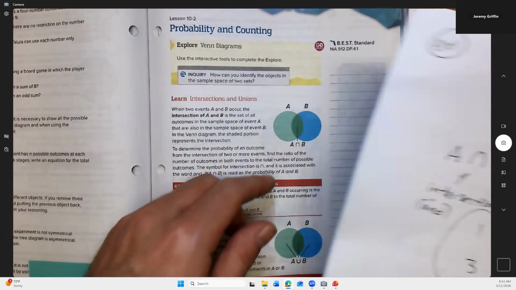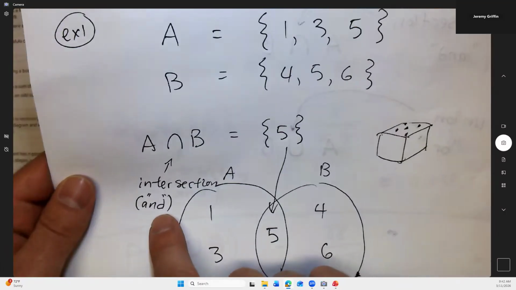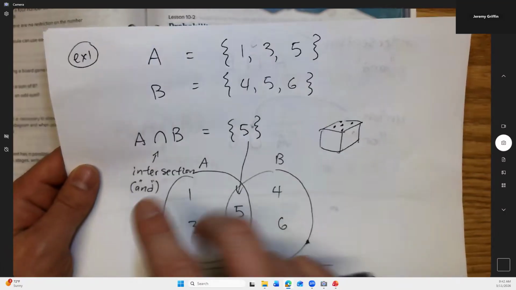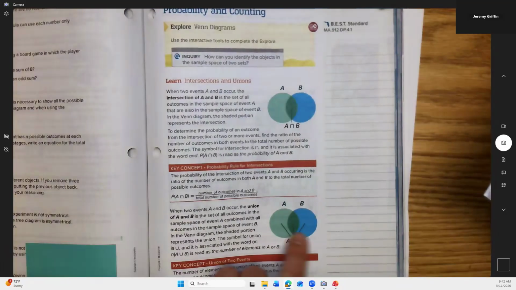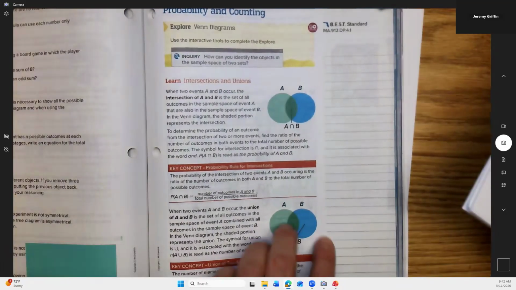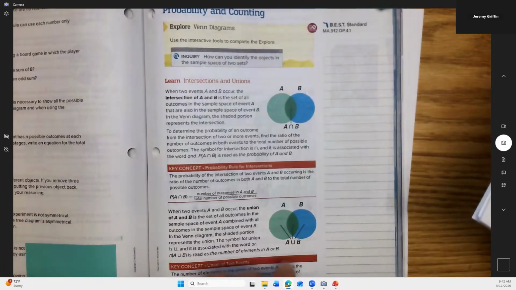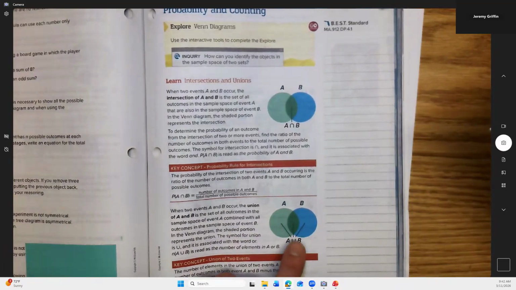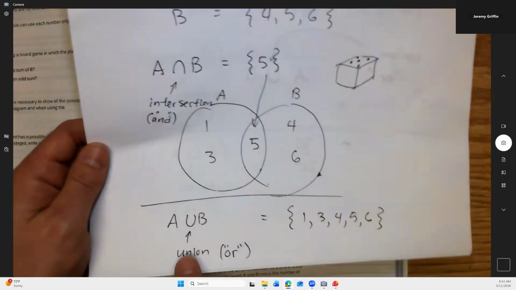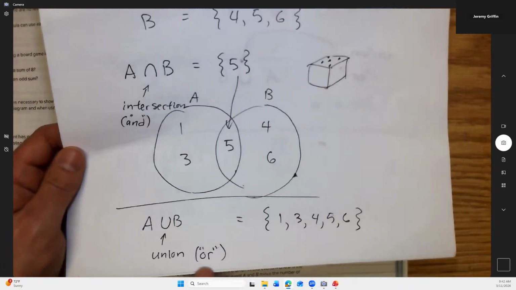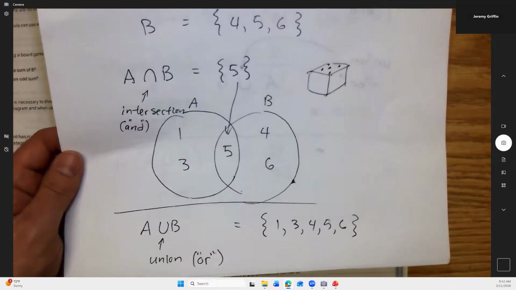That's an intersection, and you can also use the word "and": something is true and something else is true at the same time. If you include everything the Venn diagram covers, like most of the circles, that's called the union. That's the right-side-up U character. If you spell it out in a sentence, you might say "or": something or something.